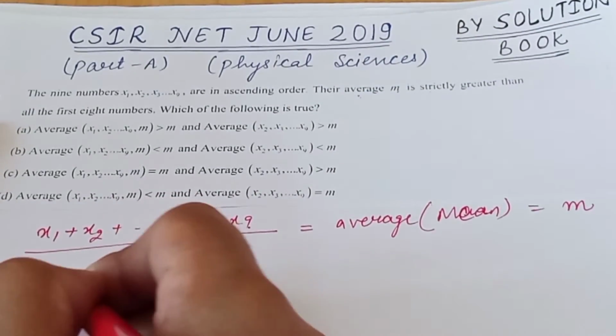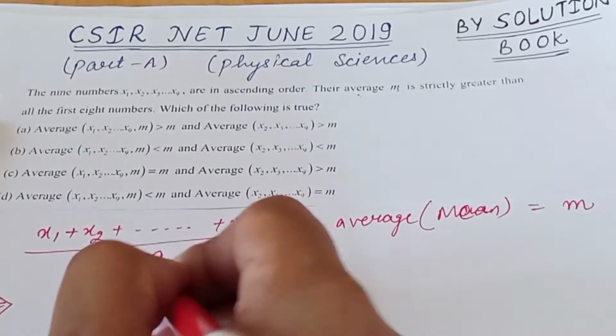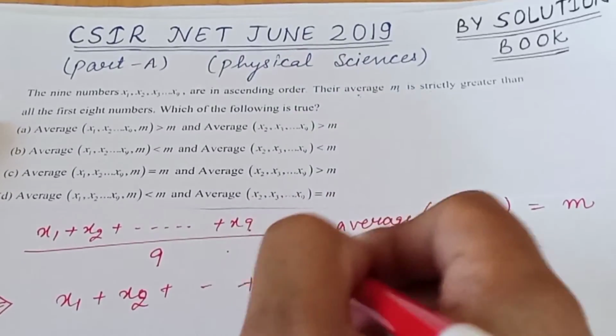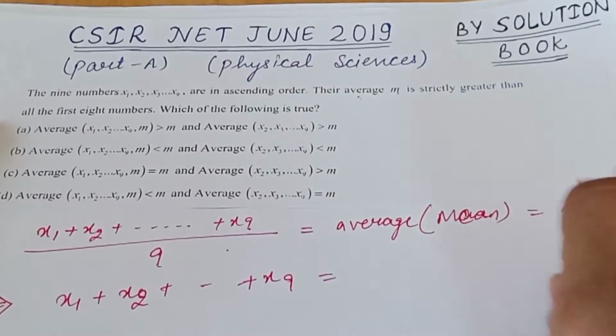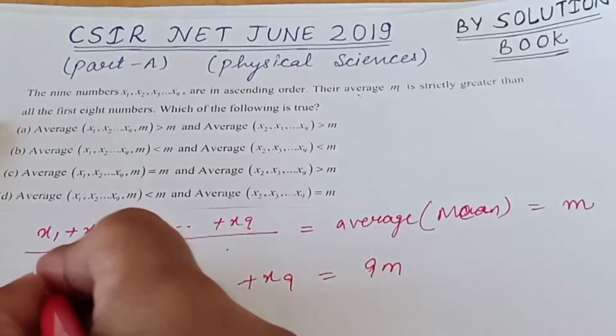So the sum x1 plus x2 up to x9 equals 9m.